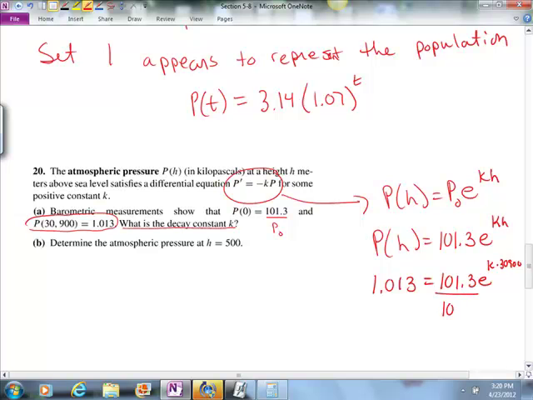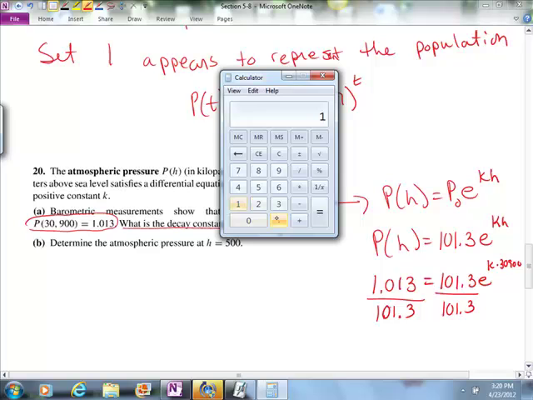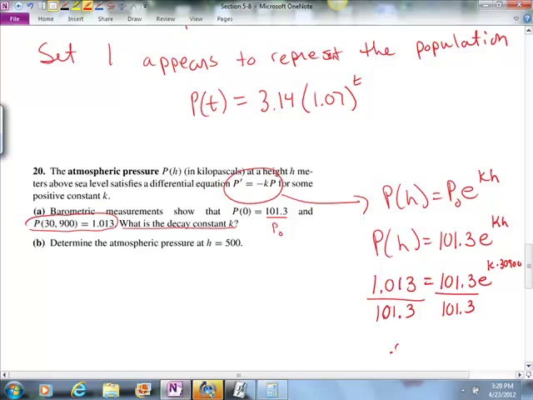So you'll divide by 101.3. If you do that, 1.013 divided by 101.3, interesting, you get 0.01 is equal to e to the k times 30,900.